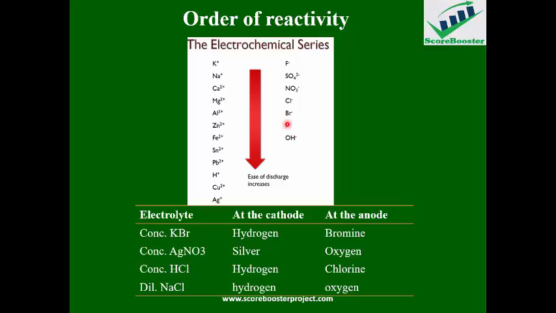So invariably that second point, the concentration of ions, is more applicable to these radicals, the negative radicals, than the positive ones. For the positive ions, the position is clearly stated. It is either you have hydrogen and this, or you have this and this.